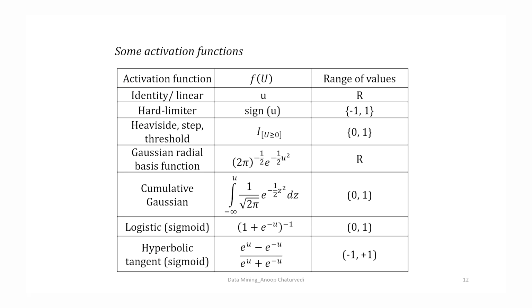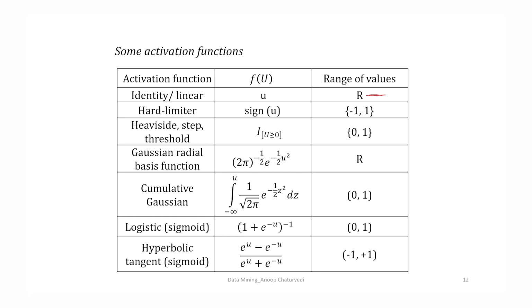Now, some of the activation functions which one can use are say identity or linear activation function, where f u is equal to u, and the range of f is the entire real line R. Then hard limiter activation function, which is the signature of u, that is takes two values -1 and +1.